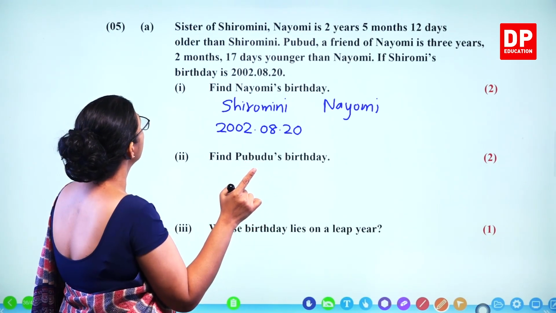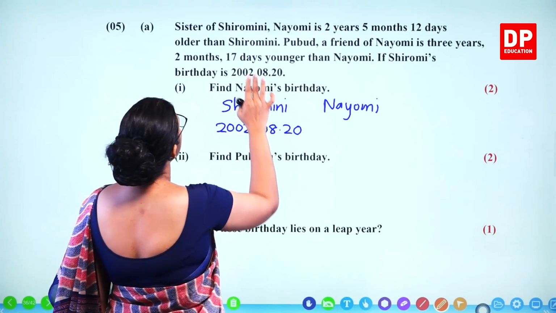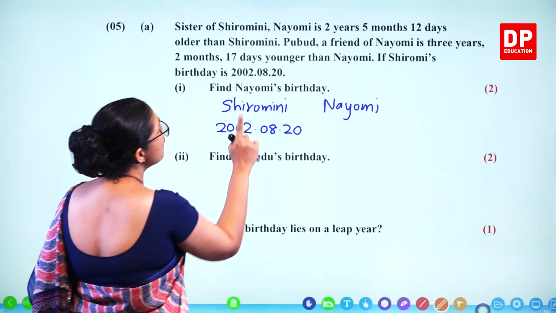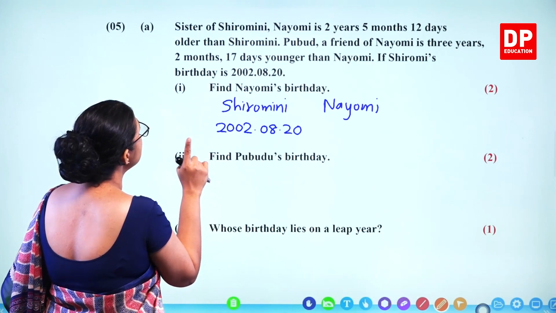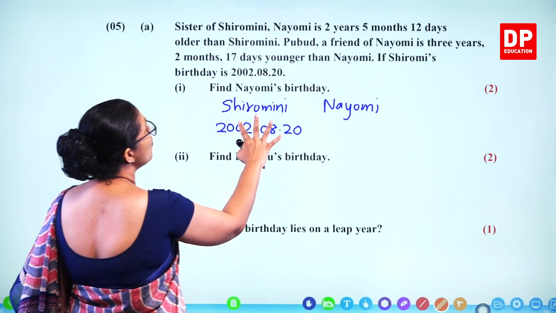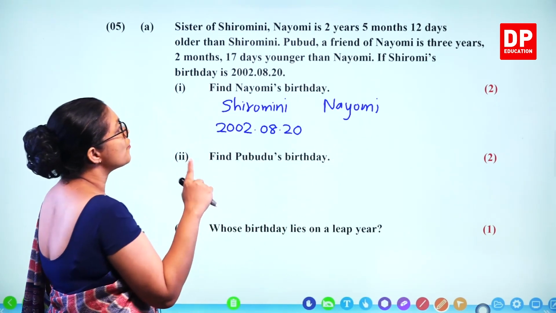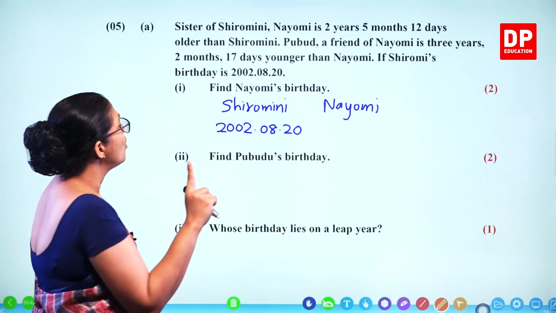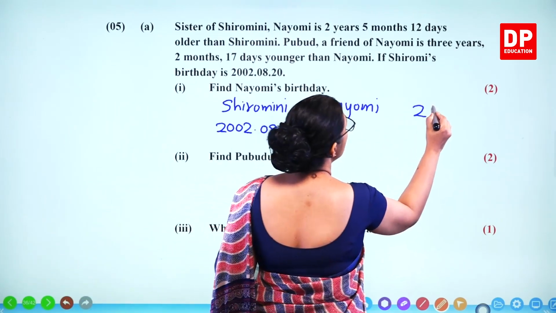It says sister of Shiromani, that's Naomi, is 2 years, 5 months, 12 days older than Shiromani. So older means we have to subtract. 2 years we have to subtract.